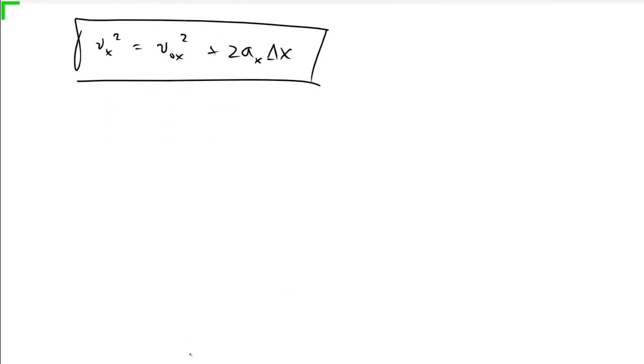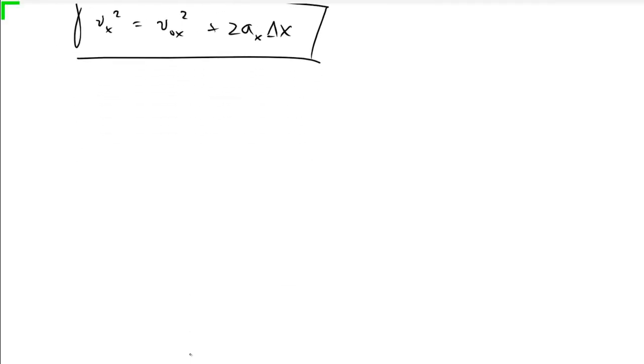Yet a fourth kinematic equation I'd like to take a look at. Remember that average velocity in the x direction was equal to the starting velocity in the x direction plus final velocity in the x direction divided by 2, as long as we had constant acceleration. But that was also equal to x minus x naught divided by the time, and so this was delta x.